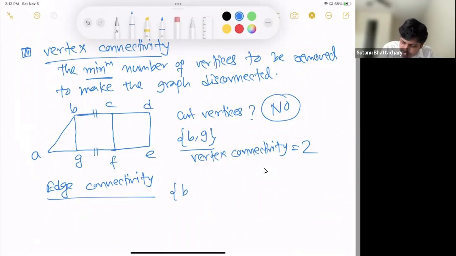So you are deleting BC and GF. It will make the graph disconnected. So the edge connectivity of this graph is also 2.